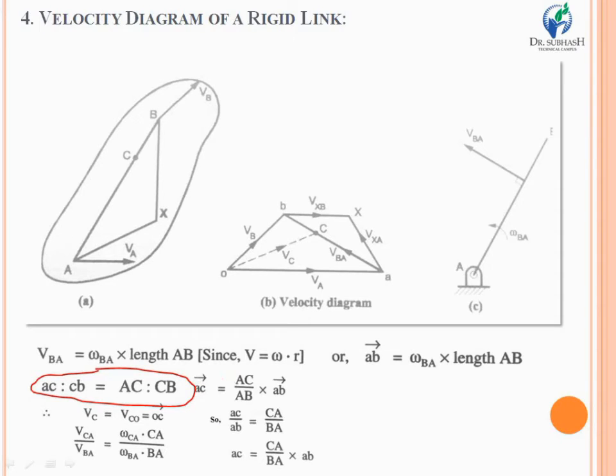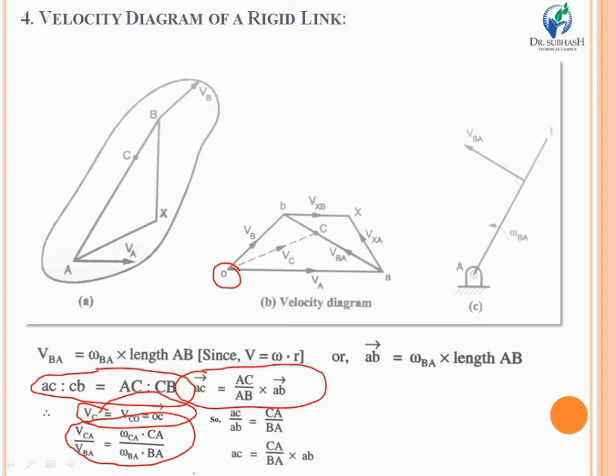Now you can convert this ratio into vector form, so it will give us the relation AC vector is equal to AC upon AB into AB vector. Of course, VC should be equal to VCO, because we require the velocity of C with respect to point O in the case of the velocity polygon, velocity triangle. So ultimately it will give us a relation like VCA upon VBA, which is equal to omega CA into CA upon omega BA into BA.